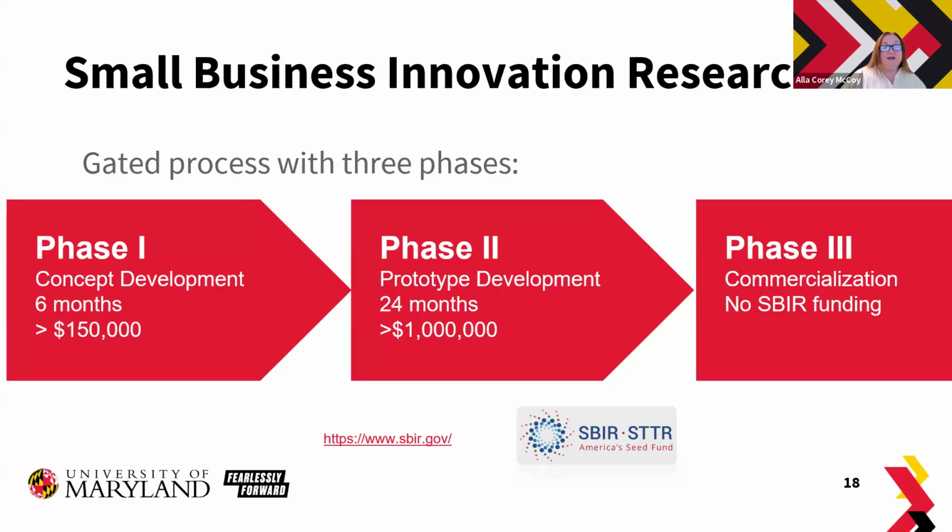Phase 1 is dependent on the agency, $150,000 to $250,000, typically concept development, technology R&D, for about 6 months to a year, again dependent on the agency. And phase 2, prototype development, takes over, usually goes for about 24 months, and comes with $1 million plus, depending on the agency and what problem you're trying to solve.